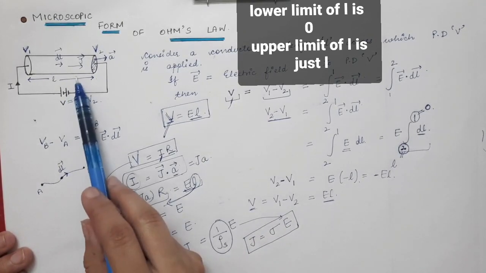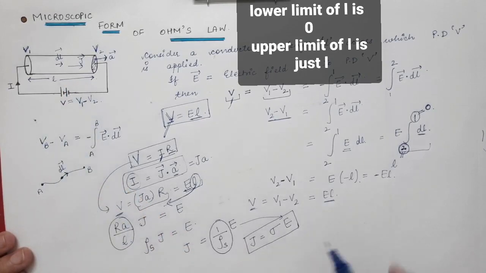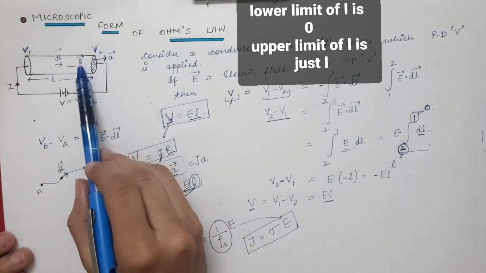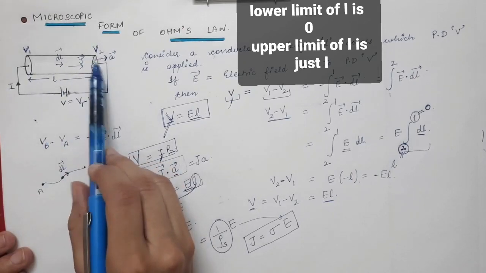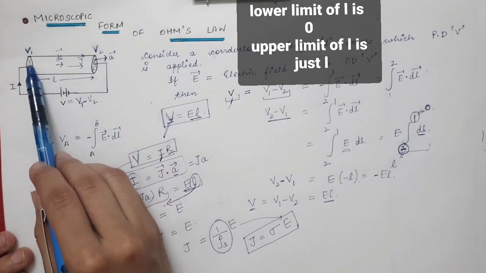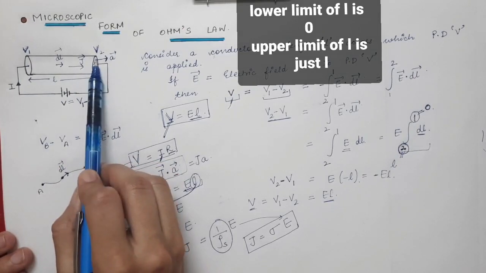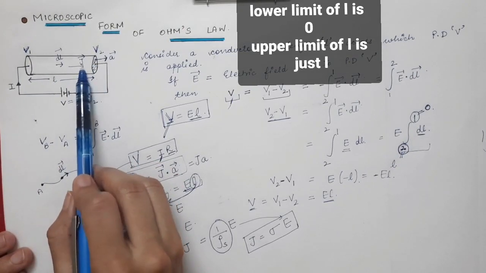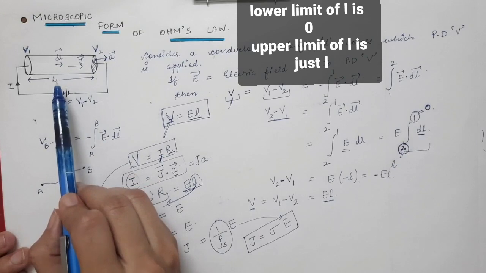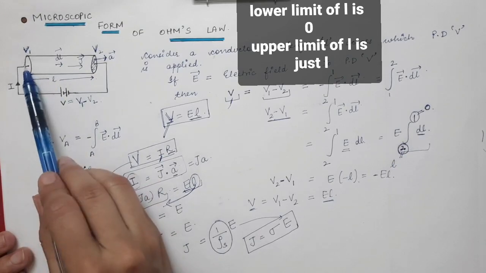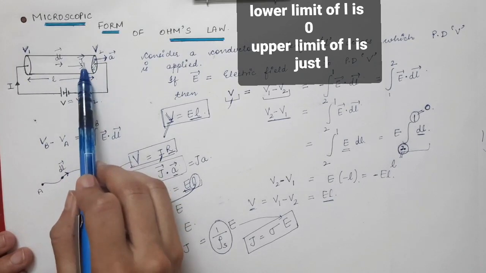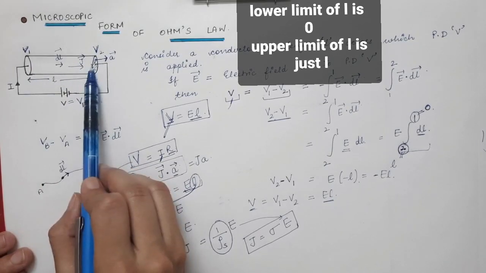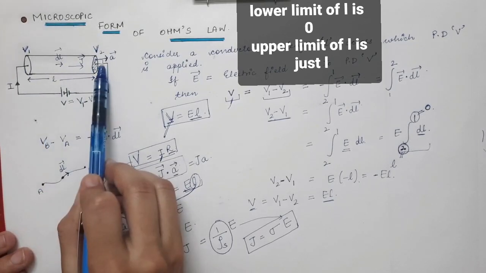Now in this case we have supposed that the electric current density will be in this direction, and we have also said that the electric field is also in this direction, means the J vector and E vector in this case, they both are parallel. So current is flowing in this direction, means the electric current density J vector will also be in this direction, and also the electric field is also in this direction.